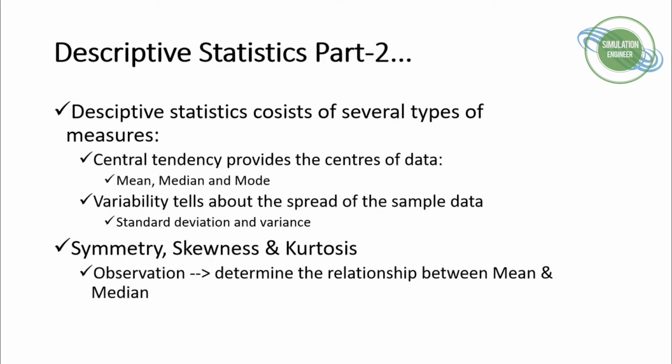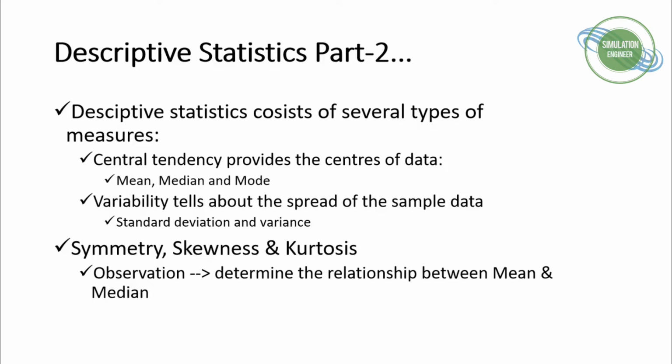These quantities are mean, median, and mode. There is also variability, which tells you about the spread or scatteredness of your sample data, and these quantities include standard deviation, variance, etc.